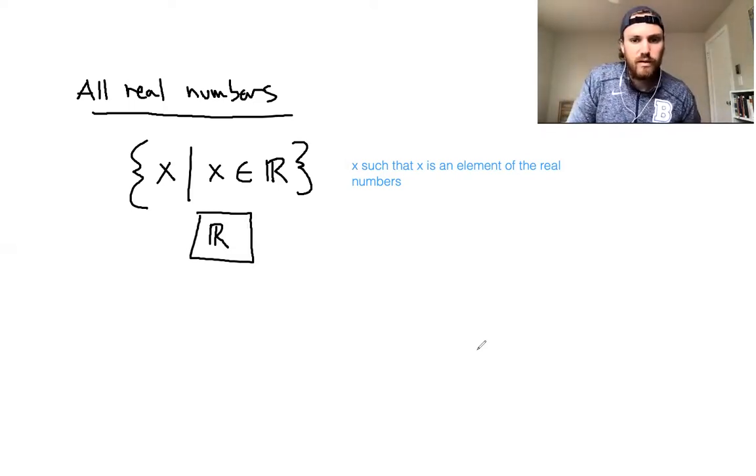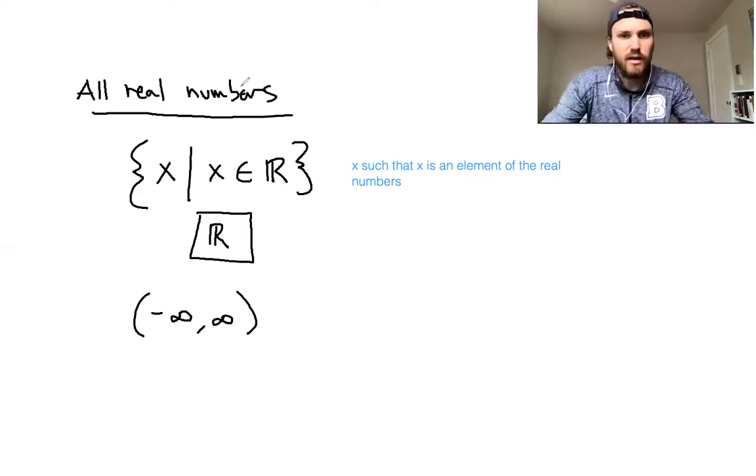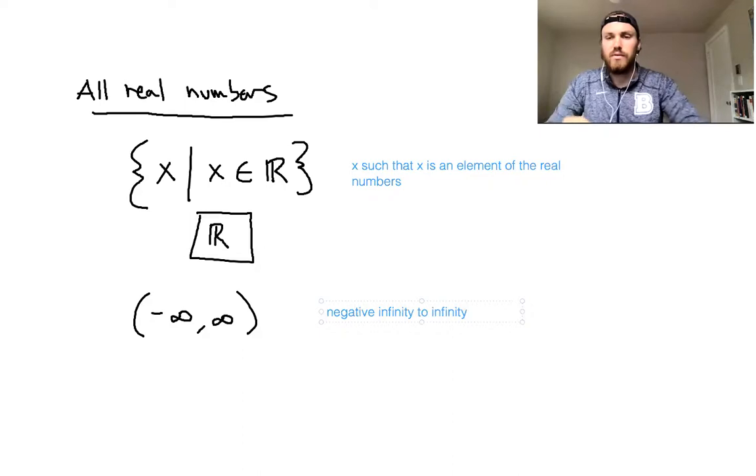Now, let's see if I can get this to move. In interval notation, we would write negative infinity to infinity, okay? That's how we would read it.